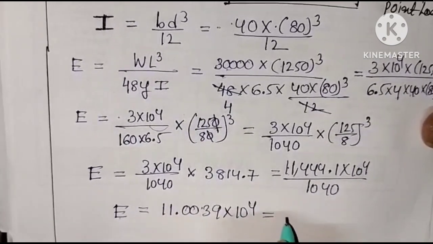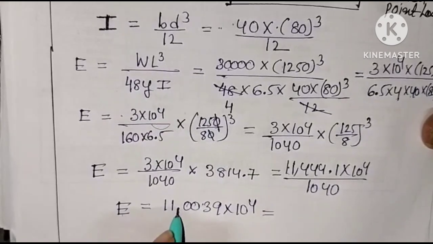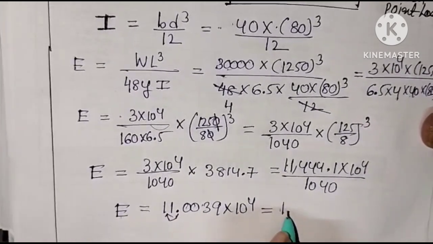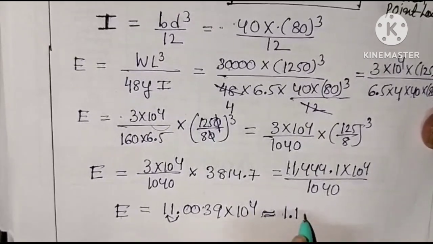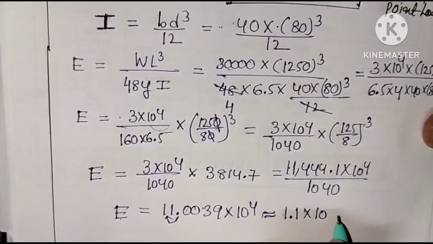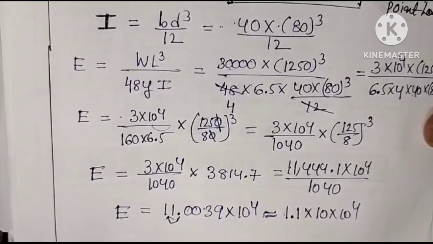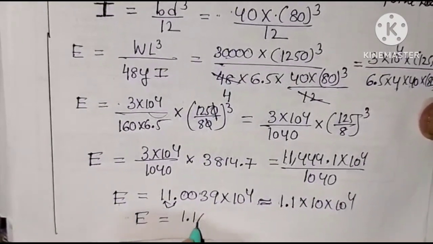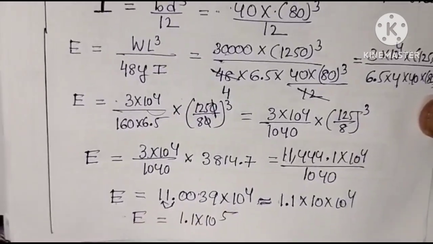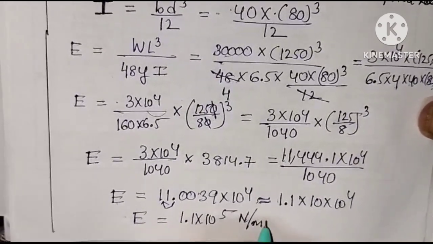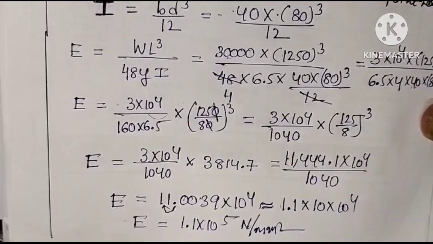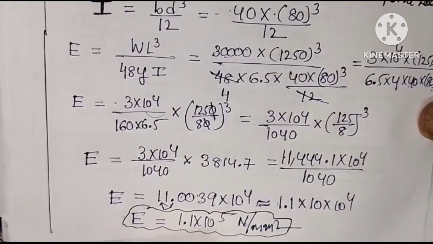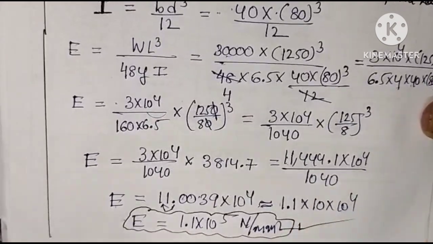Moving the decimal point one place to the left, it becomes approximately 1.1 into 10 into 10 power 4, which means E is equal to 1.1 into 10 to the power of 5, in units Newton per mm square. Therefore Young's modulus or modulus of elasticity of the given material is 1.1 into 10 to the power of 5 Newton per mm square. This is the final answer.